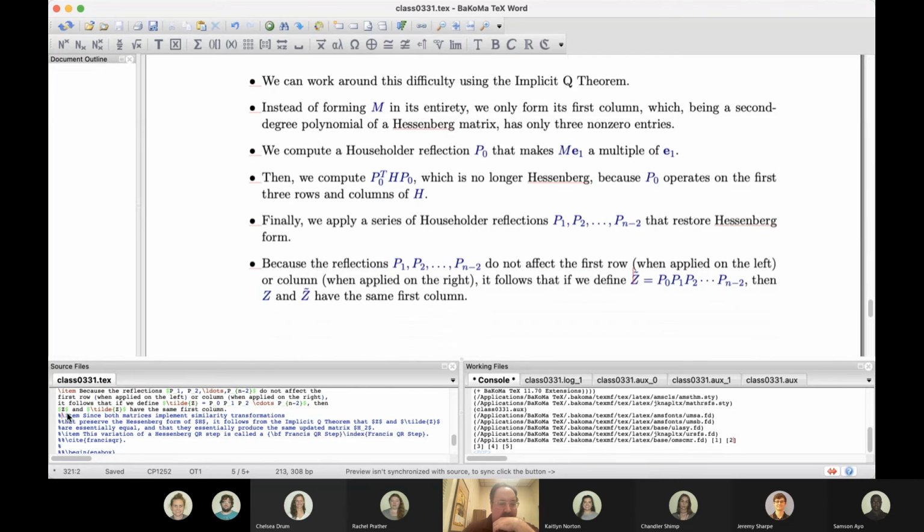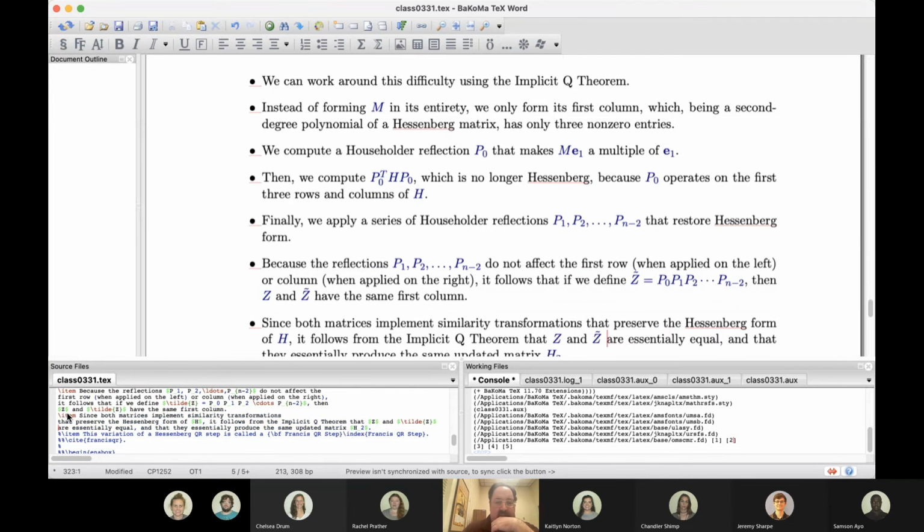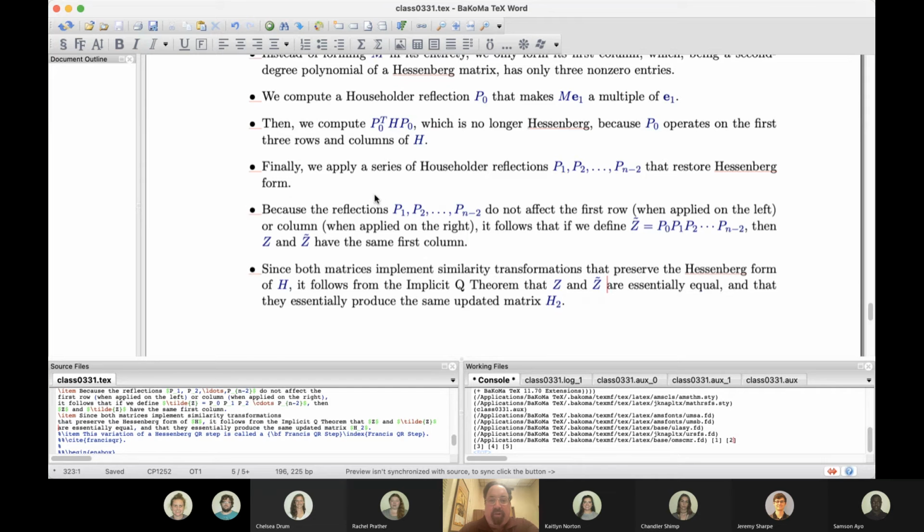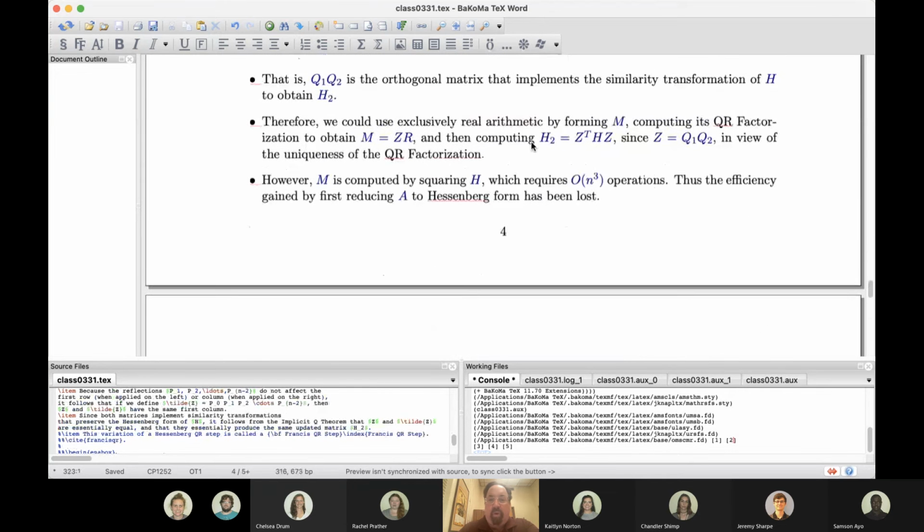And why that is essential is the following. Z from before, when applied to H, keeps it Hessenberg, because H2 is also Hessenberg.